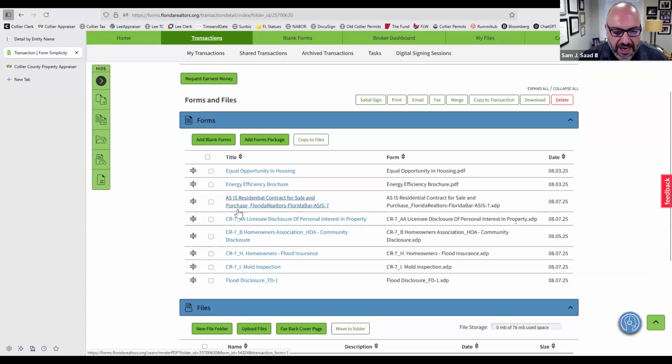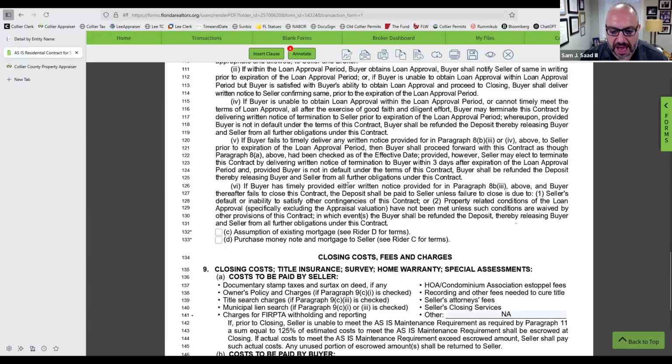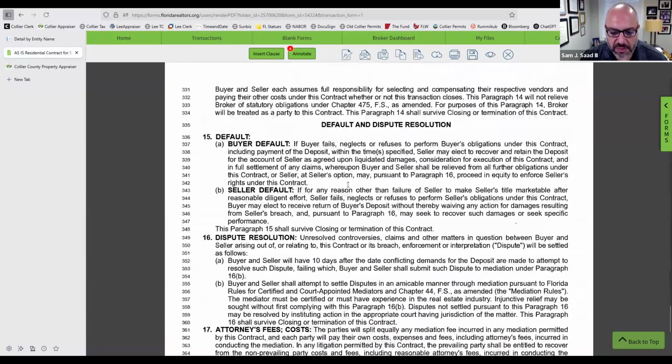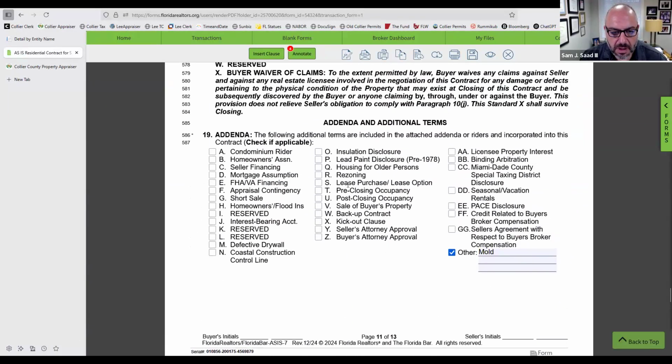I want to go back into my as is because I realized I did not check a box, and I want you to have a correct and complete contract. Mold and flood.